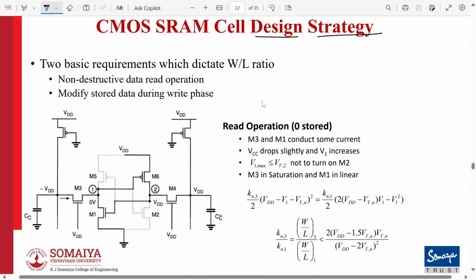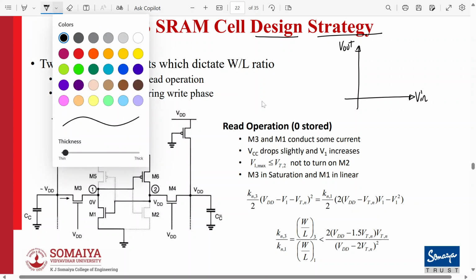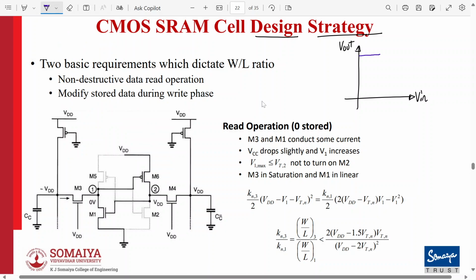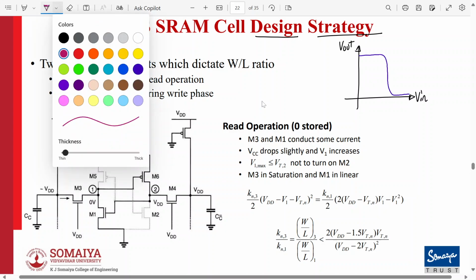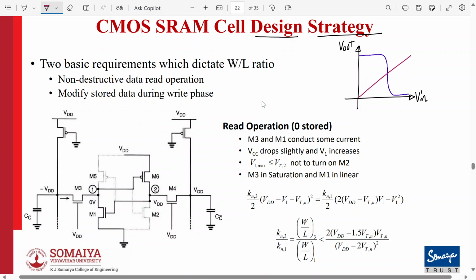So I will draw again and explain it to you. See, this is the VTC curve of an inverter, V in versus V out. This is how it looks. And in that we have a switching threshold. When V in is equal to V out, this is called a trip point or a switching threshold. This is normally VDD by 2.